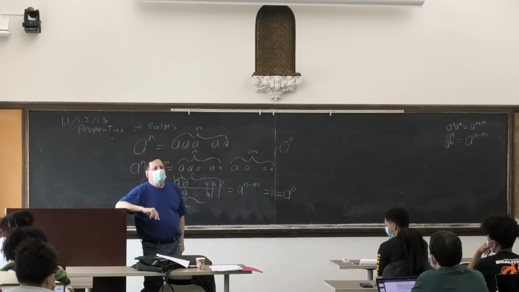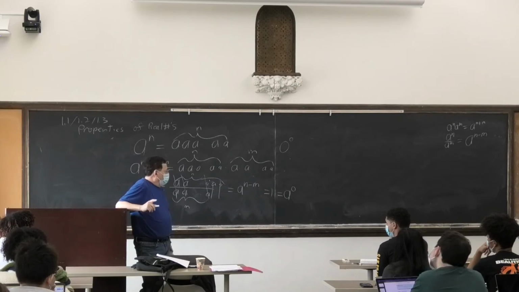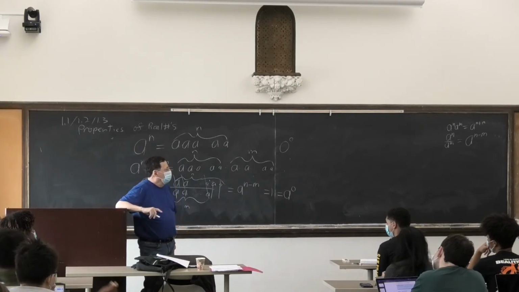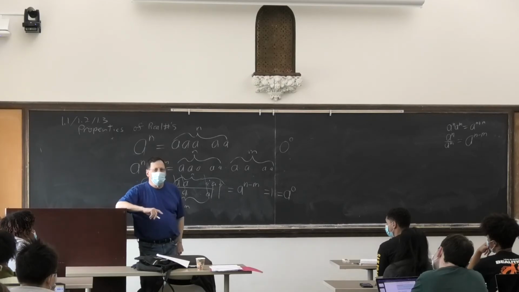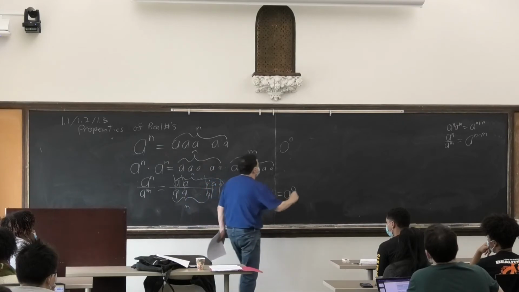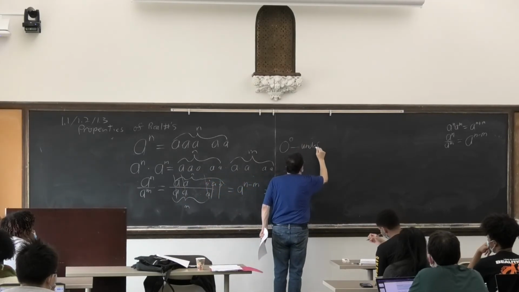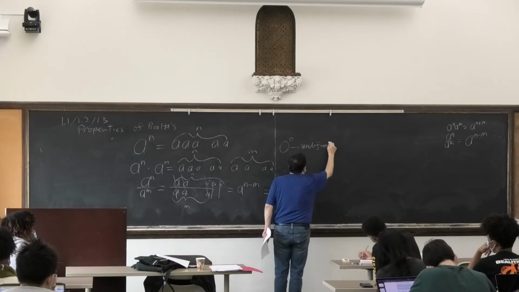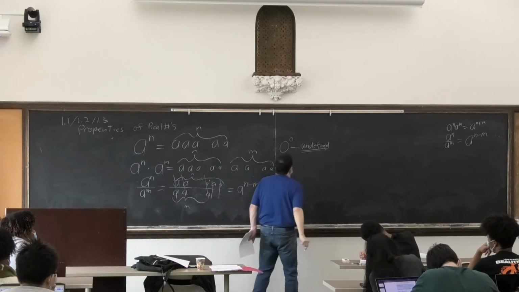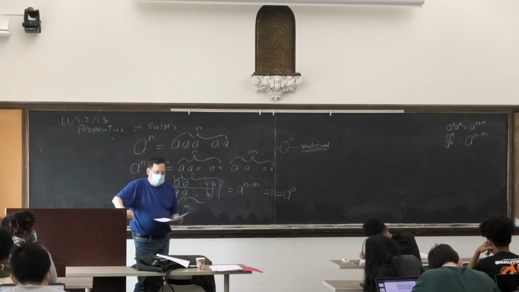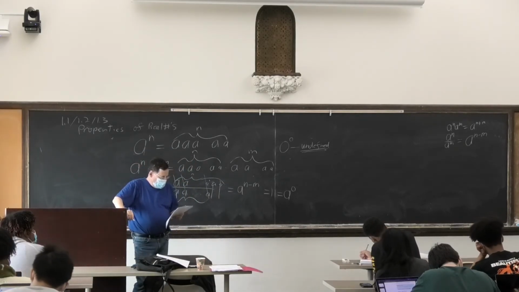Did someone teach you 5 to the 0 is 1? Negative 1 to the 0 is 1. 0 to the 0. Okay, you want to etch this in: undefined. There are people who try and define it as something. It just doesn't work very well.